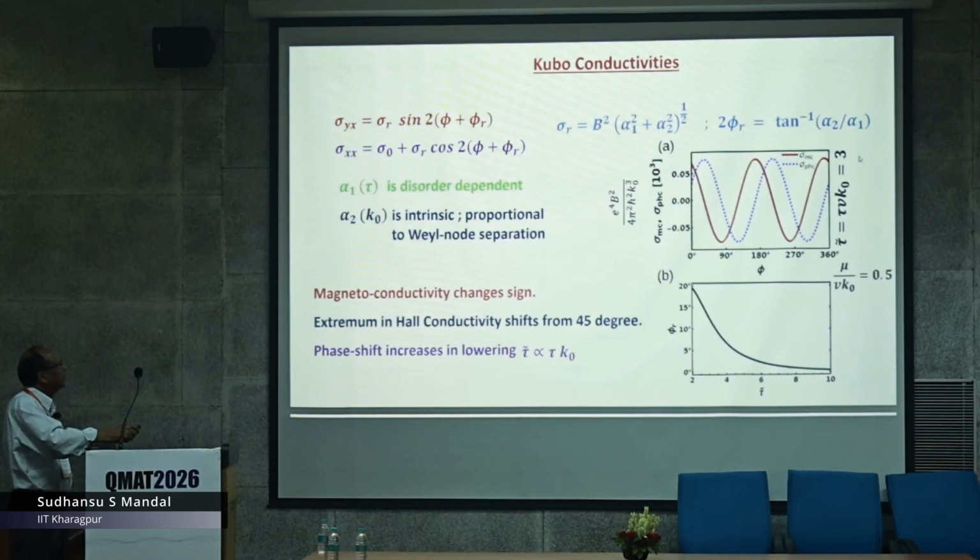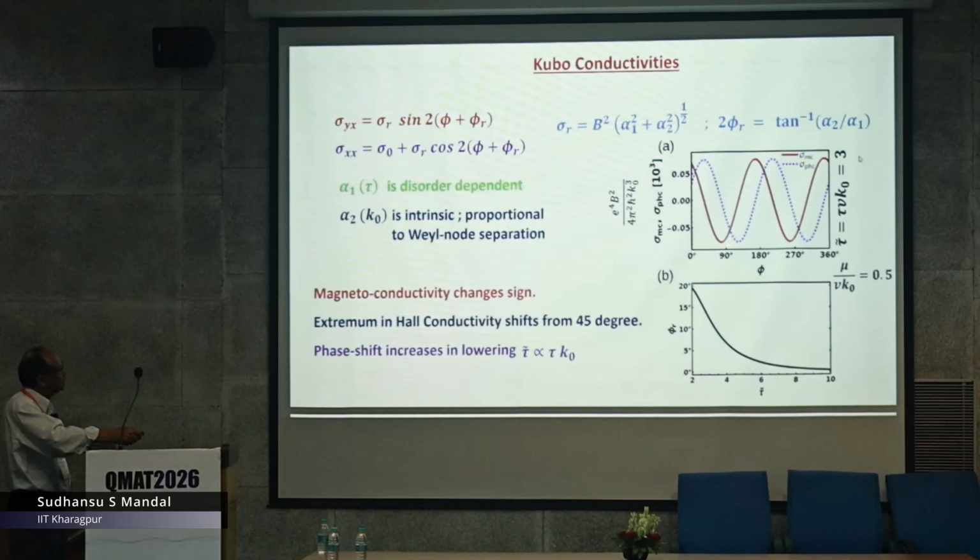And if I calculate the conductivities, you can see both the magnetoconductivity and the Hall conductivity. You can see the magnetoconductivity, which is the red one, goes from negative to positive. So there is a sign change, and there is a phase shift of a little bit of phi r.